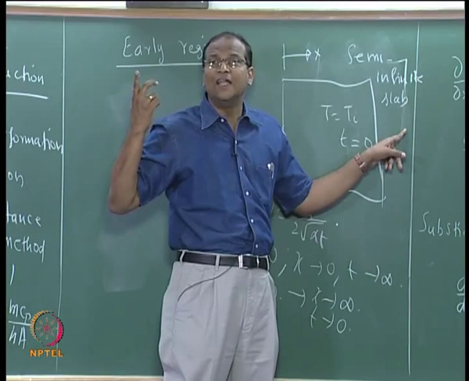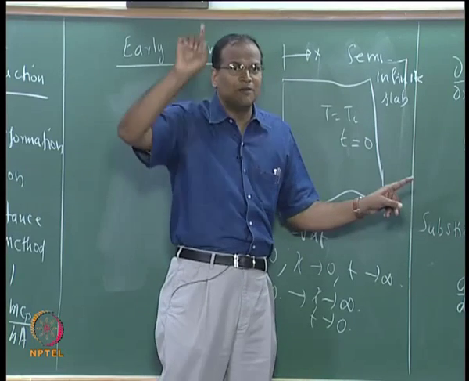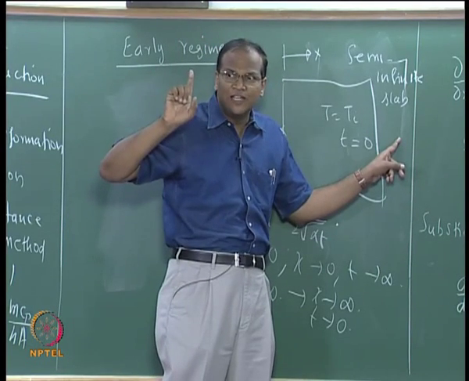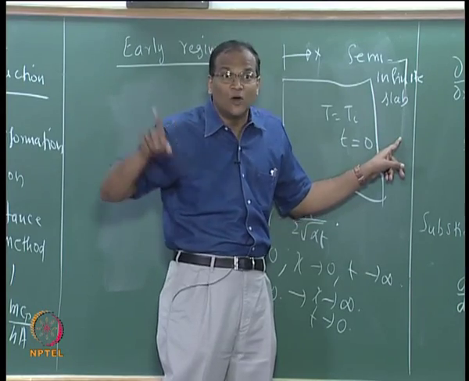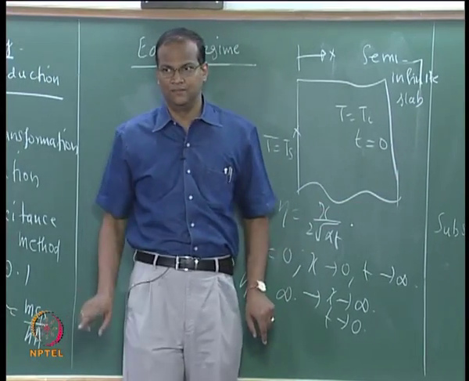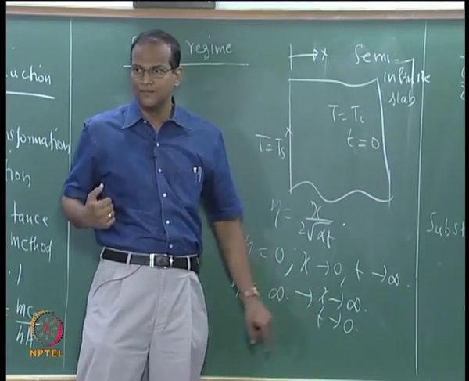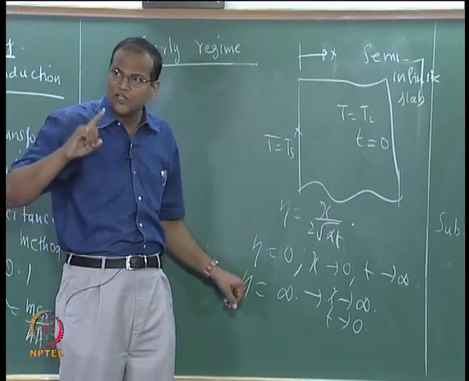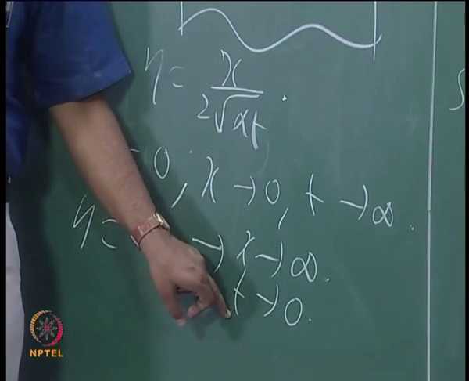T equal to Ti is the boundary condition for eta tending to infinity. But the beauty is T equal to Ti is also the initial condition, that corresponds to t equal to 0 everywhere. Therefore, by an intelligent choice of eta, you are able to absorb one boundary condition and one initial condition.